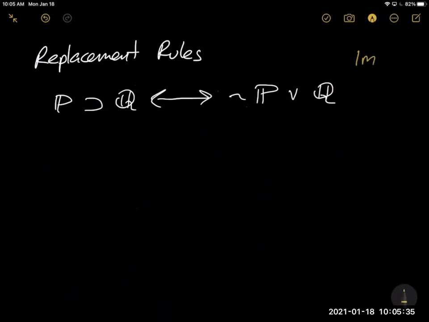Okay, let's work with implication for a second. This one is, again, a replacement rule, goes both ways. And let's actually work from the right side to the left this time. So ultimately what we're seeing here is the main operator here is a wedge, which means it's a disjunction.